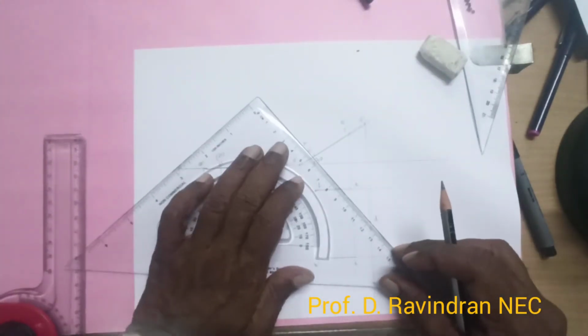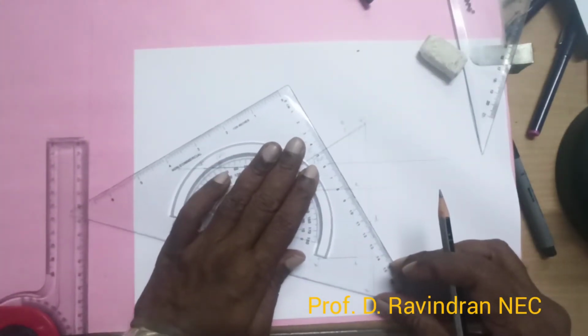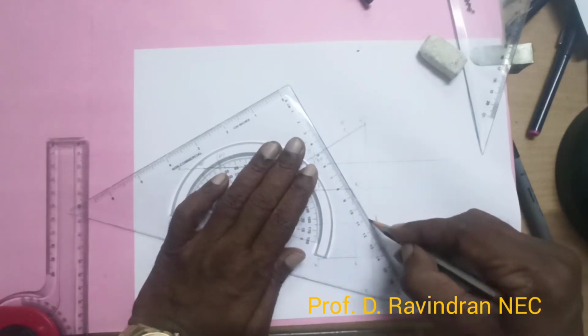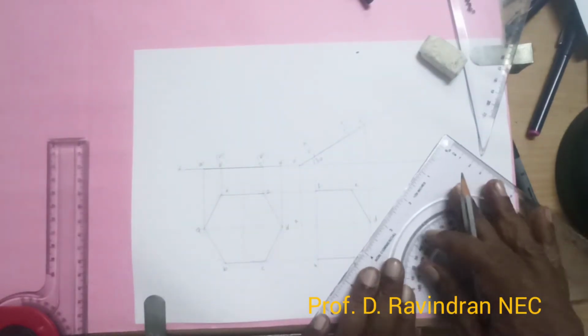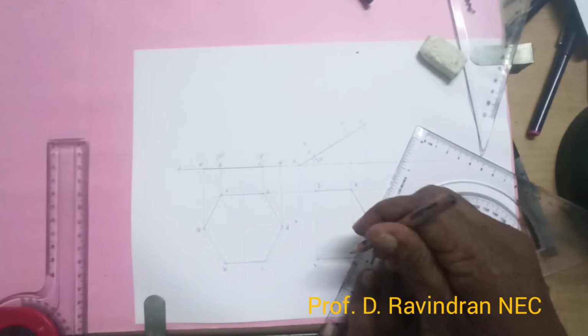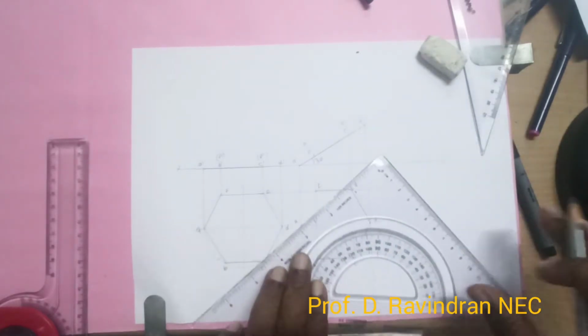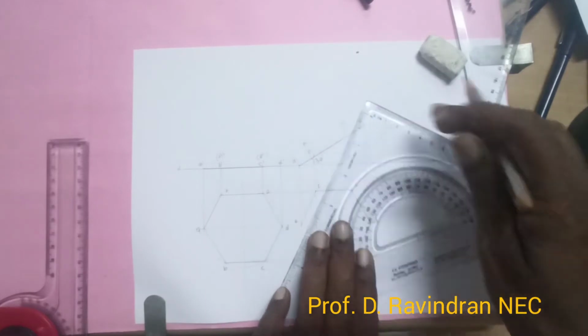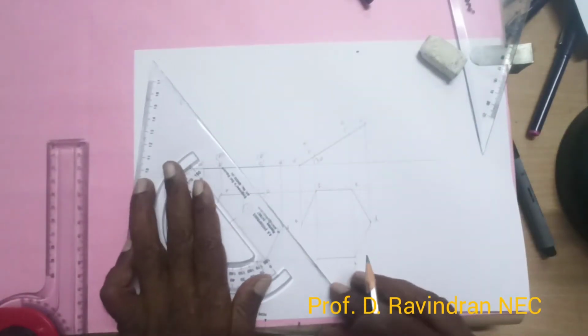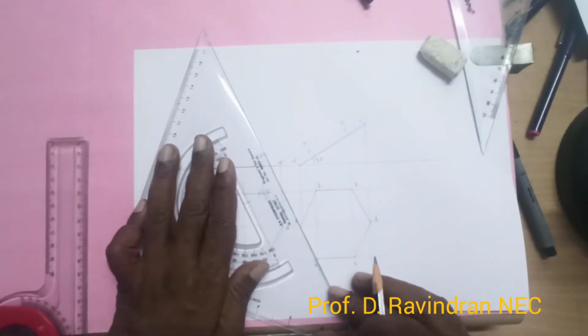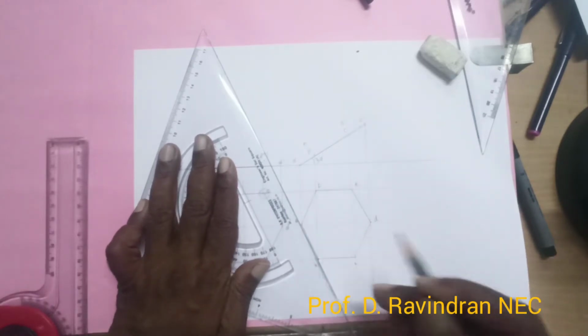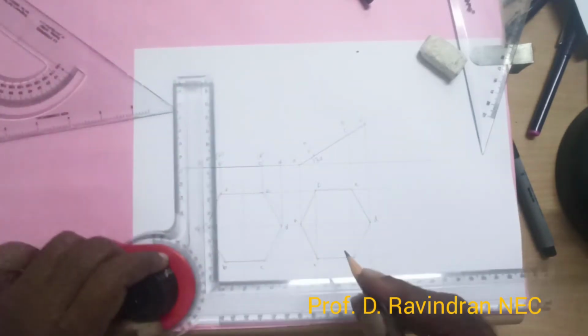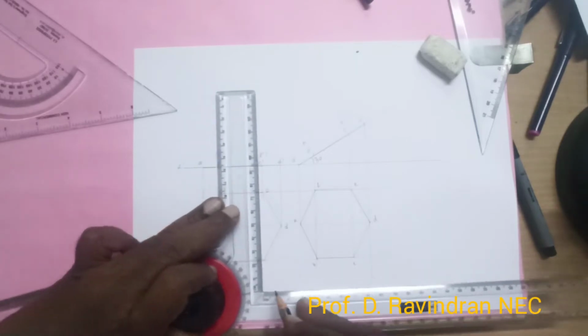This completes the top view of the hexagon when the surface is inclined at 30 degrees to HP. Over here you can mark the dimensions also.